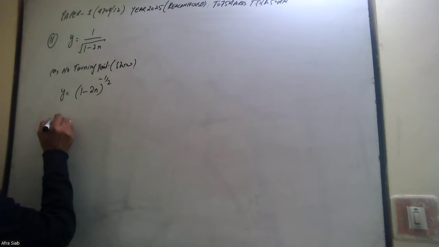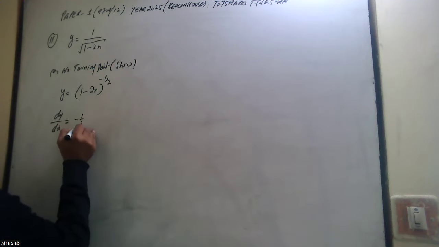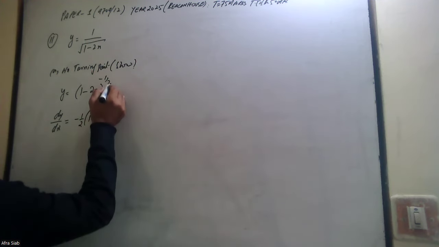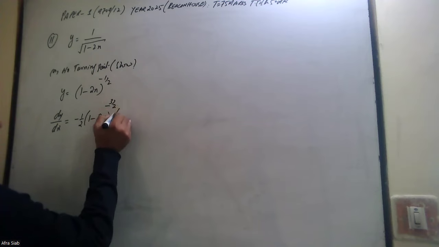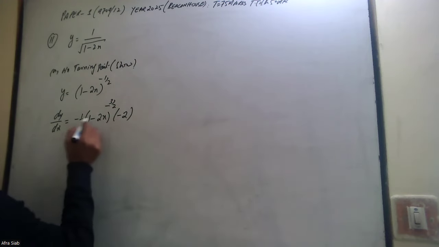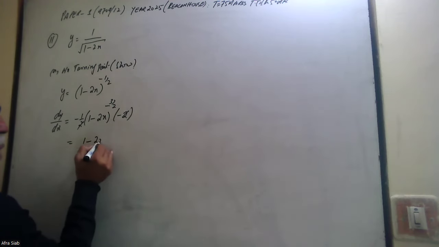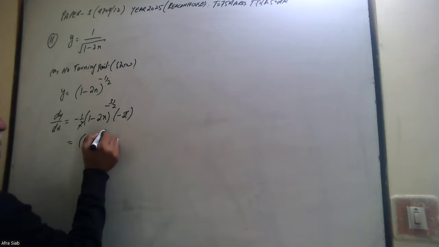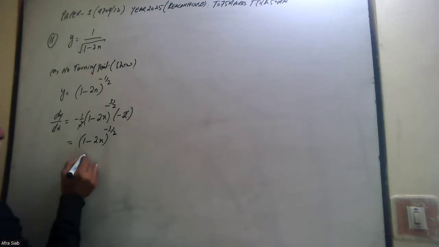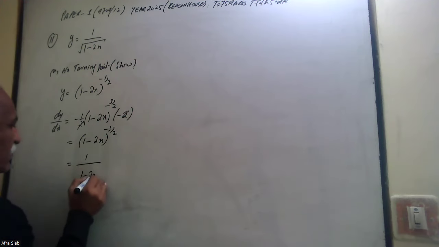So we will find out dy by dx first. That should be equal to minus half into 1 minus 2x power minus 3 by 2 into minus 2, the derivative of this. So this minus and minus make plus, and this 2 and 2 cancel. So it should be equal to 1 minus 2x power minus 3 by 2. This will be equal to 1 over 1 minus 2x power 3 by 2.